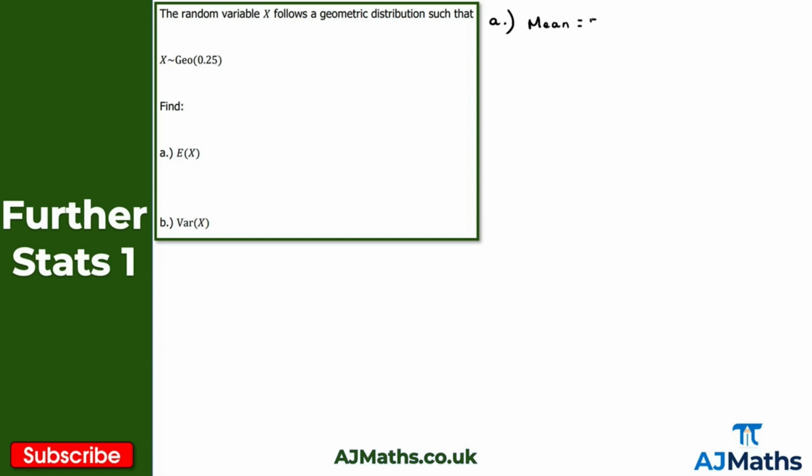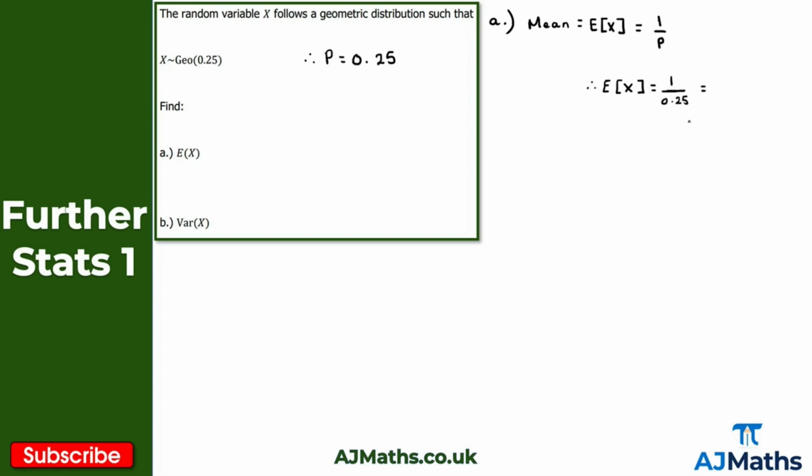the mean, the same as the expectation of X, is equal to 1 over p. So 1 divided by p. In this case, my parameter p is 0.25. So for the mean, or the expectation of X, it's simply equal to 1 divided by 0.25.